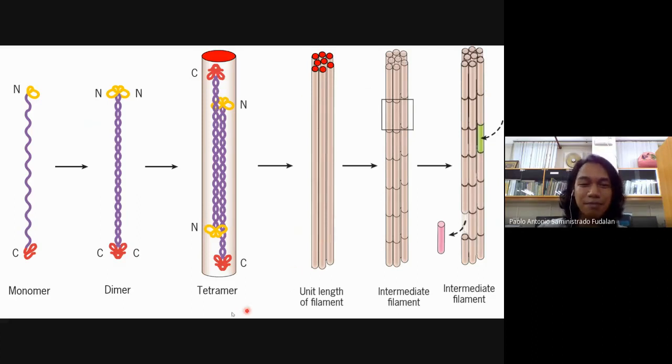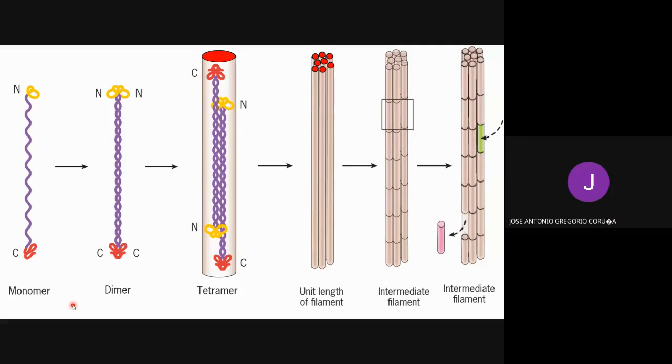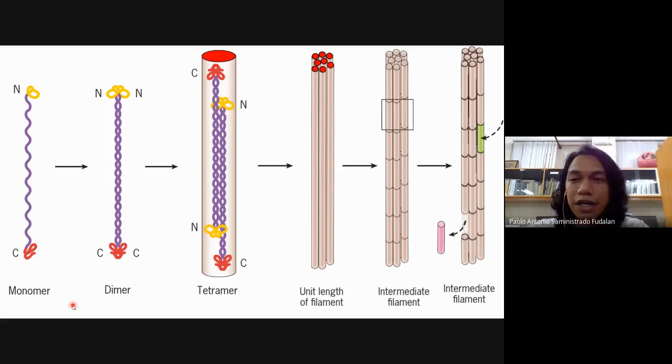Which one is the basic subunit of our intermediate filament here? The third one, sir, the tetramer. Okay, how do you know or why?